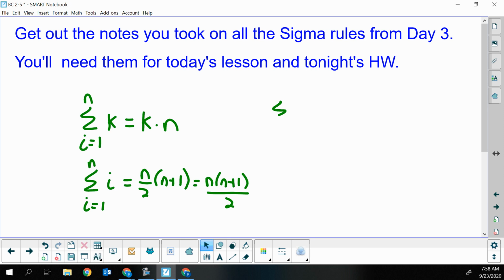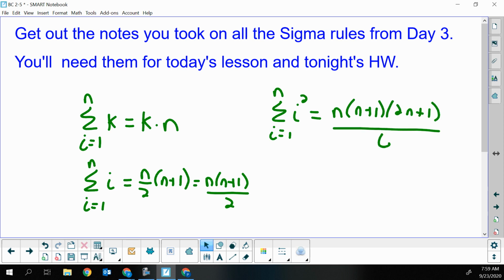You've got your summation from i equals 1 to n of i squared. So that's n times n plus 1 times 2n plus 1 all over 6. And then the last one, i equals 1 to n of i cubed.